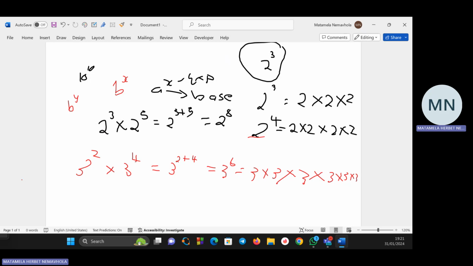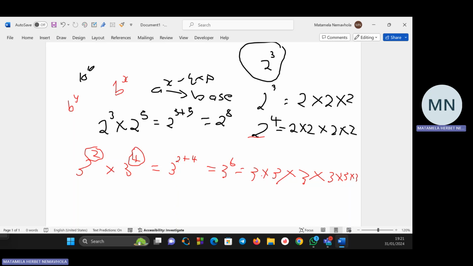I also gave an example where we are not using 2, we are using 3. It's 3 to the power 2 multiplied by 3 to the power 4. Because the bases are the same, you keep the base, which is 3, and you add the exponents, which is 2 plus 4. 2 plus 4 is 6, so it is 3 to the power 6.